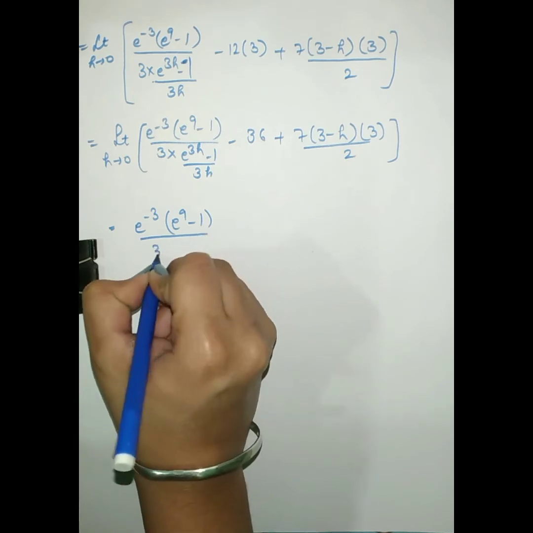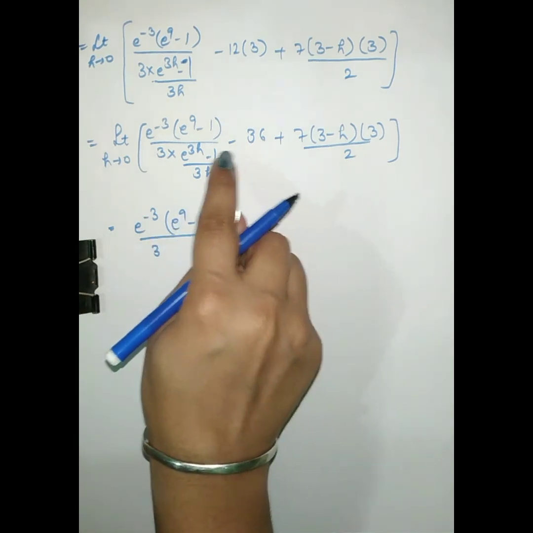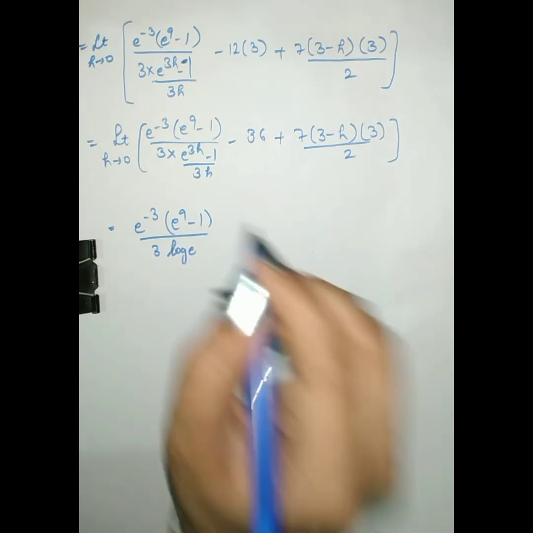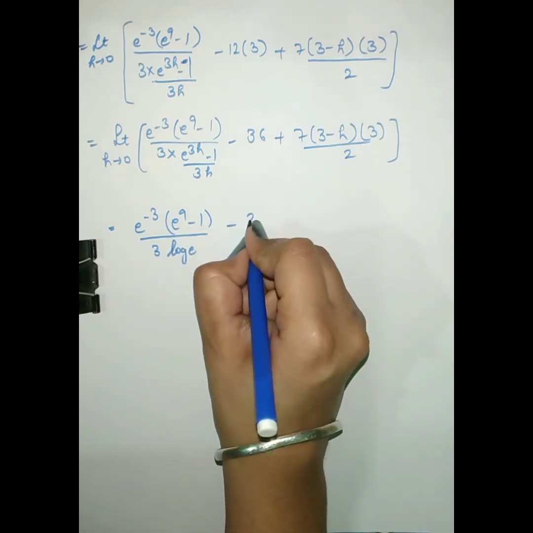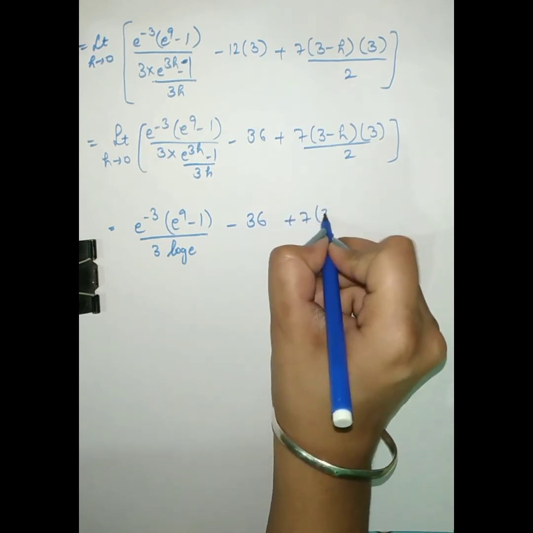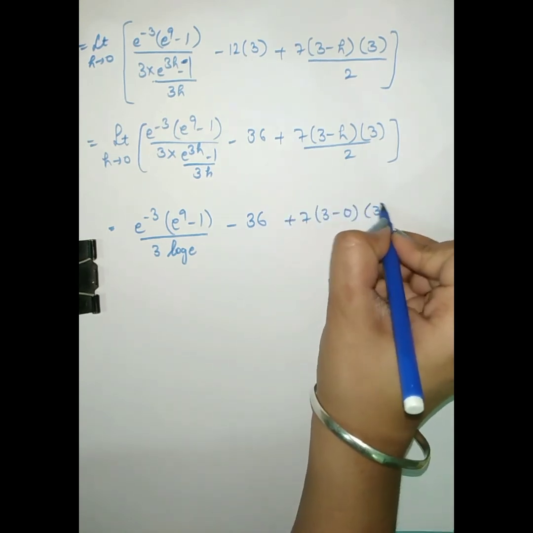and this term will become equal to log of e minus 36 plus 7 into 3 minus 0 into 3 by 2.